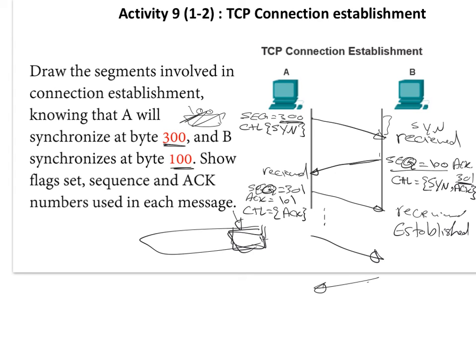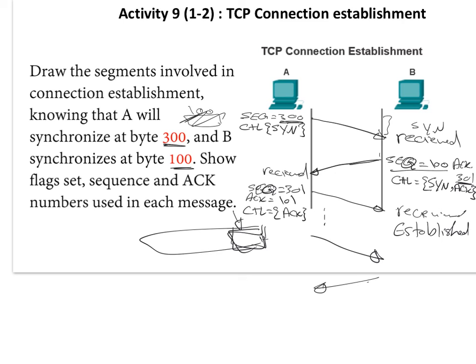So the sequence flag is for sending and acknowledge is for receiving? Yes. But not every segment has to be an acknowledgement for something, right? At the beginning of the communication, you don't have to acknowledge anything, right?